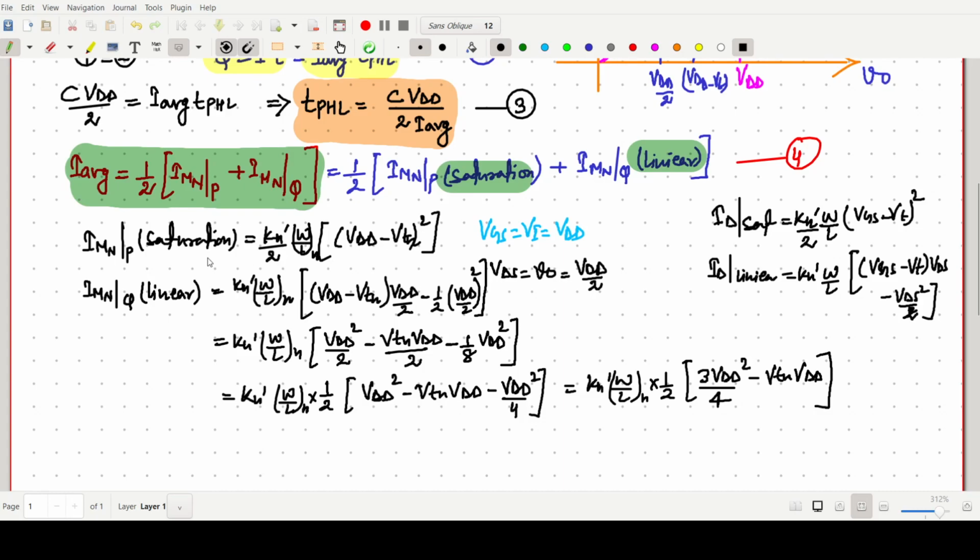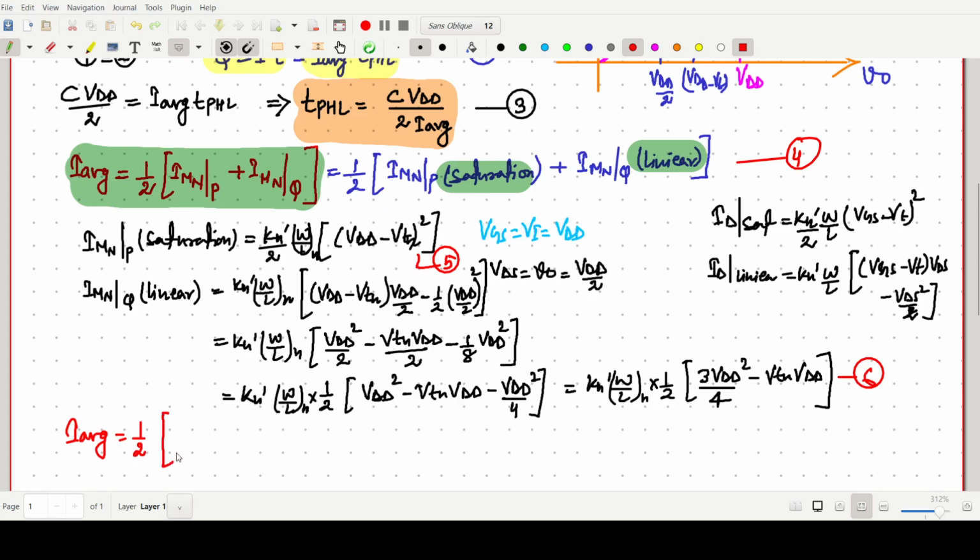So now we have to take the average. Say this one is equation number 5 and say this one is equation number 6. Now if we put equations 5 and 6 in equation 4, directly we can write I average equals 1 by 2 times the average.